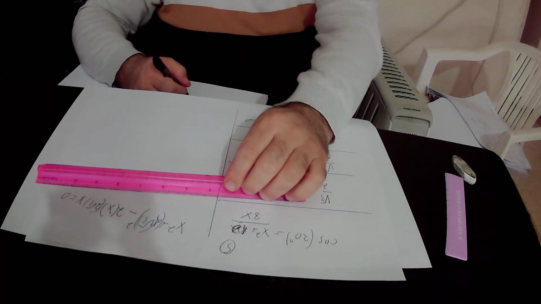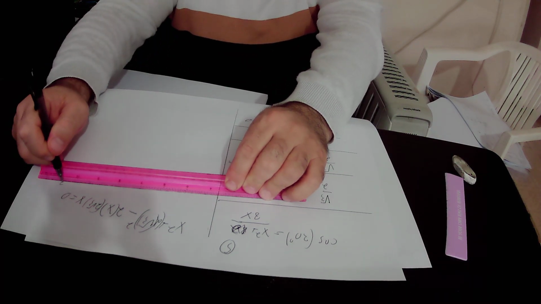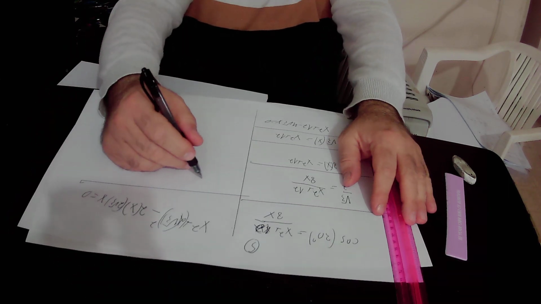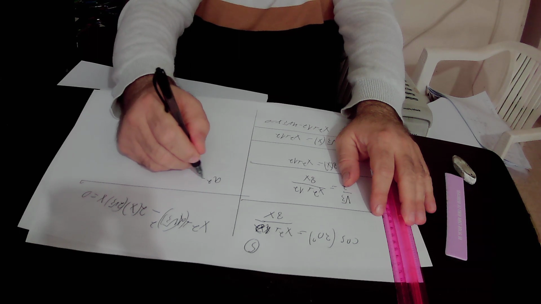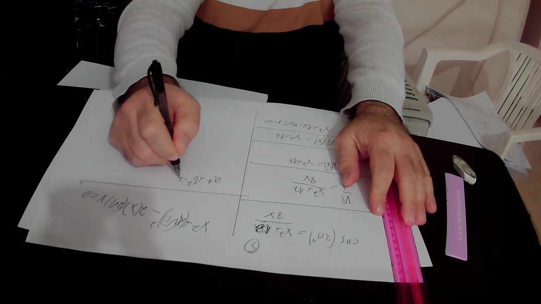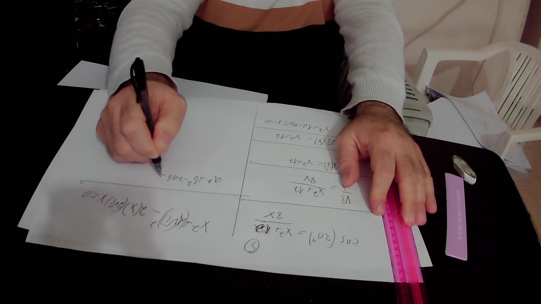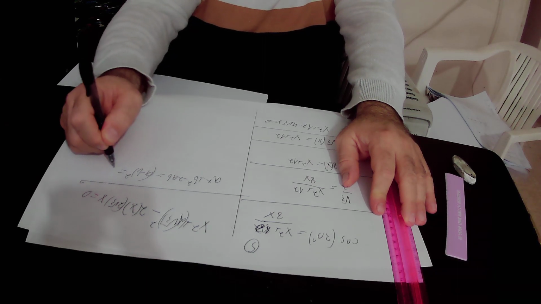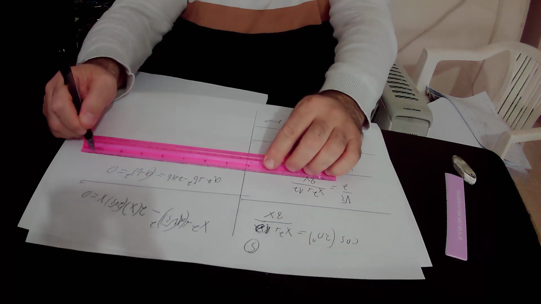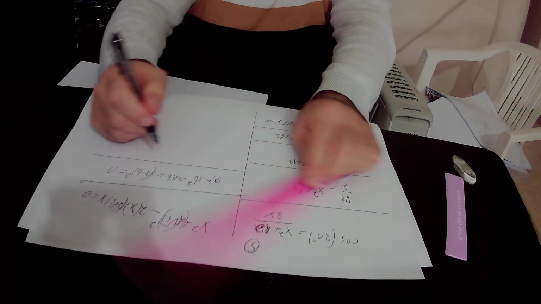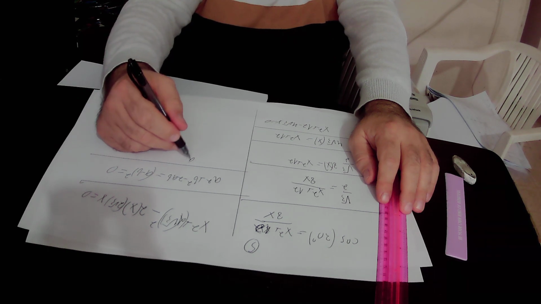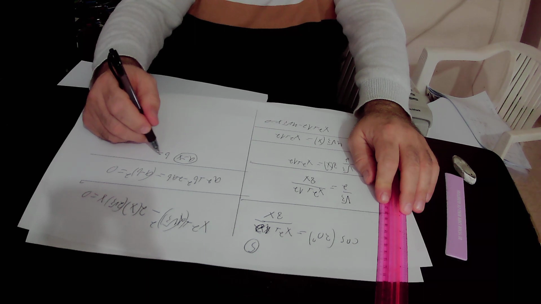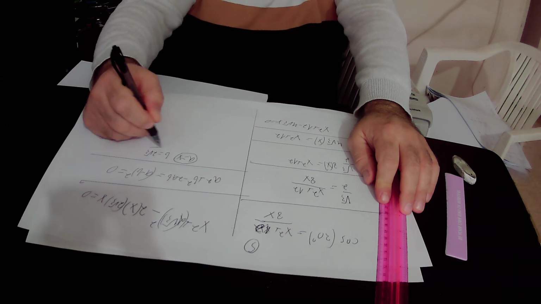Actually, this expression is very similar to the algebraic identity that states that a squared plus b squared minus 2ab equals a minus b squared. In our specific expression, a equals x and b equals 2 times square root of 3.